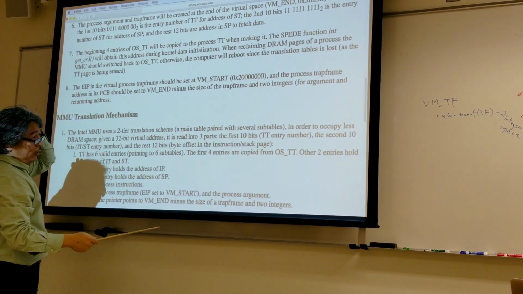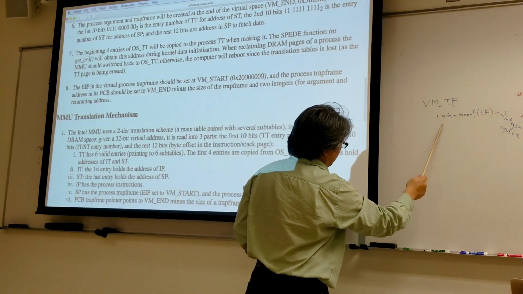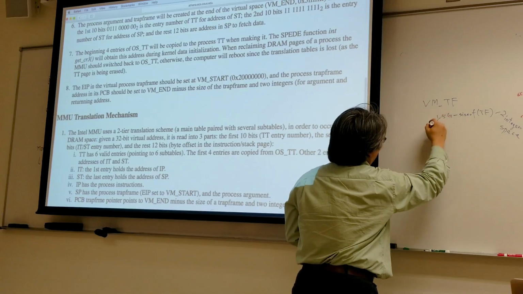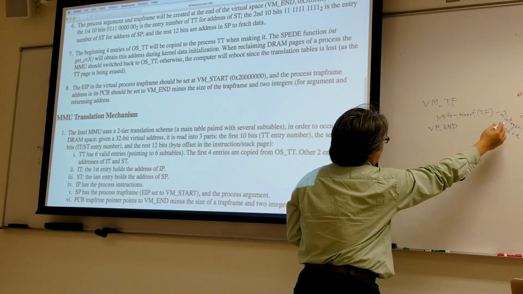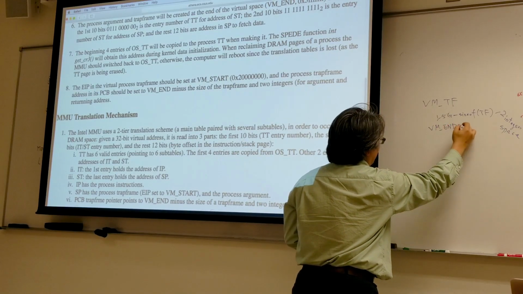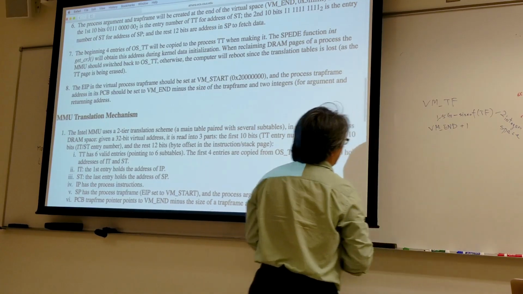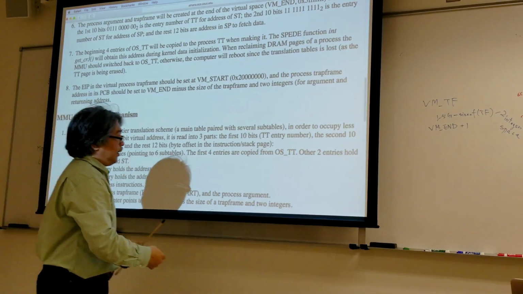We can set a constant in constant.h using the VN end: VN end minus size of 2 integers, and then plus 1. Because this one is already minus 1, 1.5 gig minus 1, the difference is 1 byte.